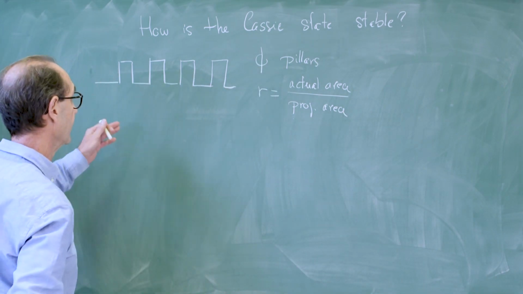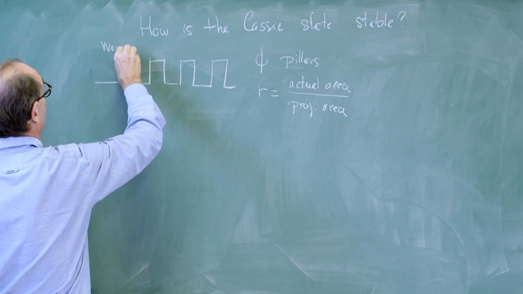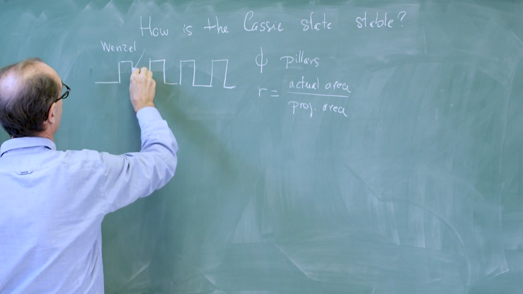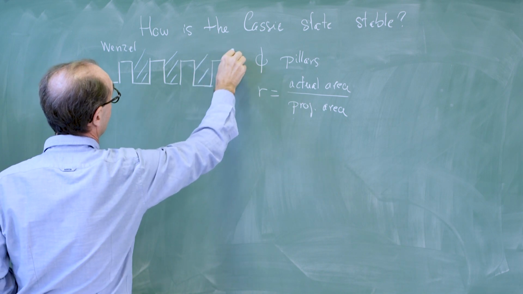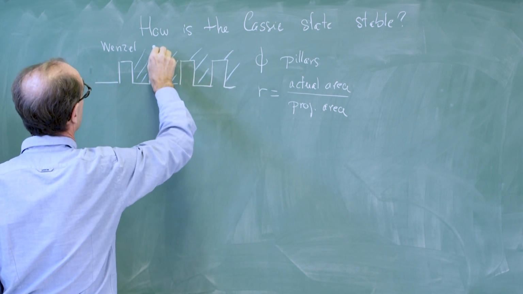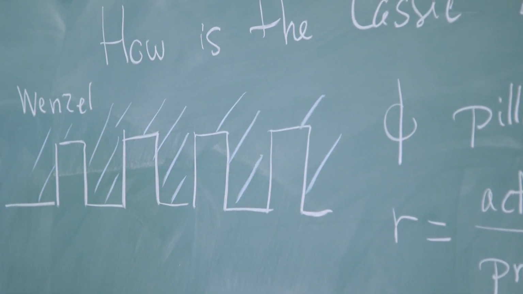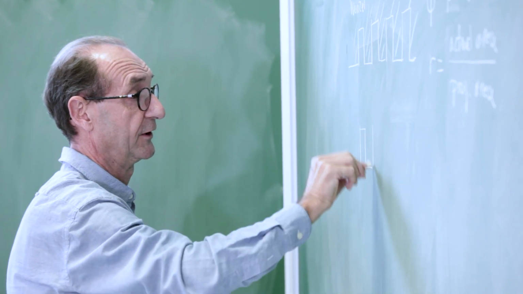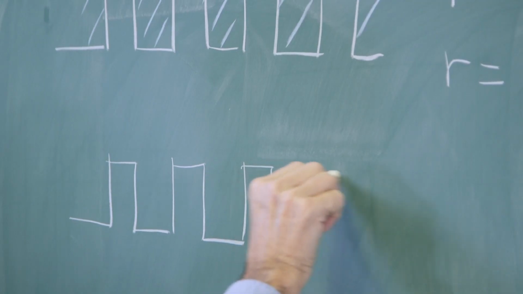Now, in the Wenzel state, which I will sketch here, the liquid has invaded the space between the pillars, so I have liquid everywhere. Conversely, in the Cassie state, I'm sketching the same substrate here.